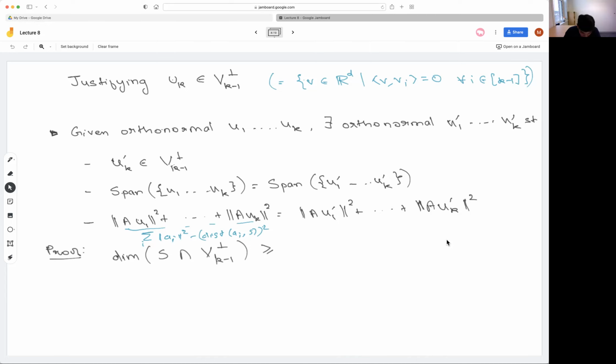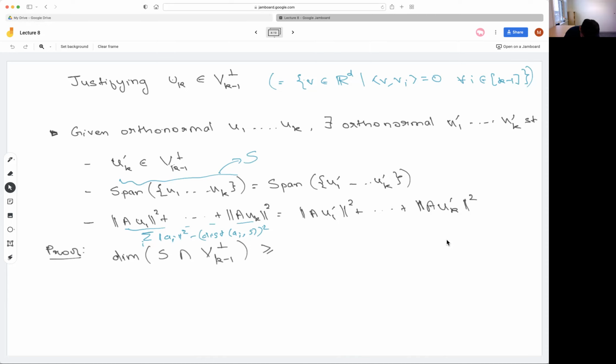We want uk prime to be in S, where S is the span of u1 to uk. In particular, we will actually require u1 prime to uk prime to span the same thing. And we want it to be in Vk minus 1 perp. So let's see if we can find a vector in the intersection of these two subspaces.